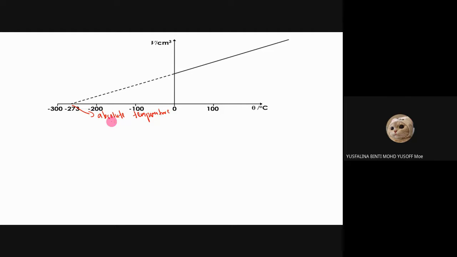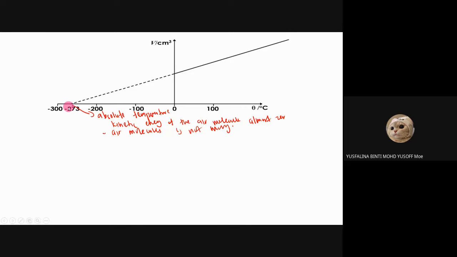So what will happen at the absolute temperature? The first one, the kinetic energy of the air molecules is almost zero. So that means the air molecules are not moving.